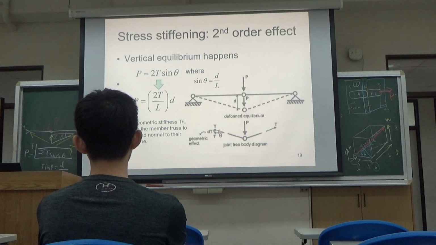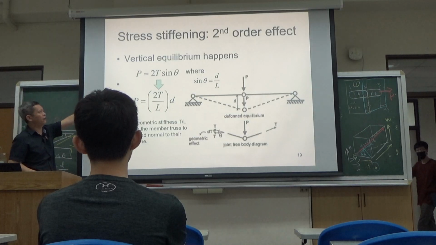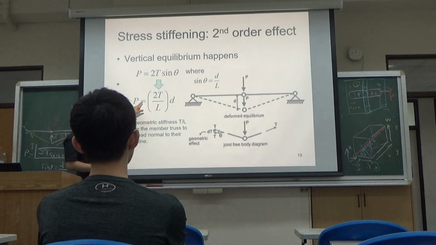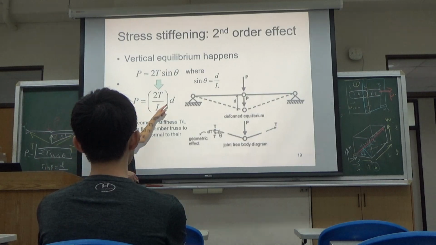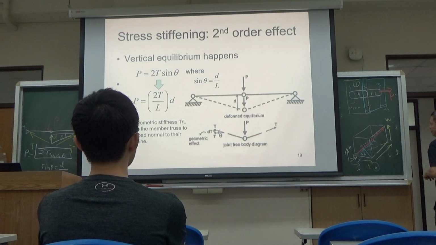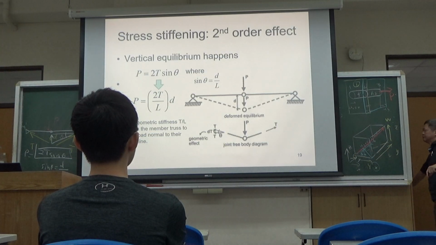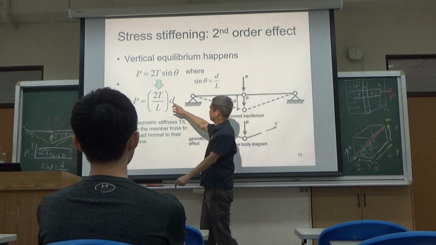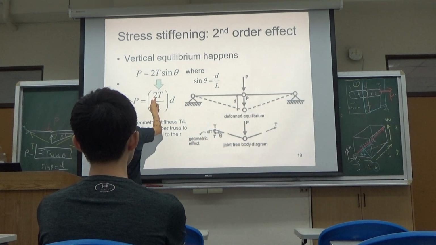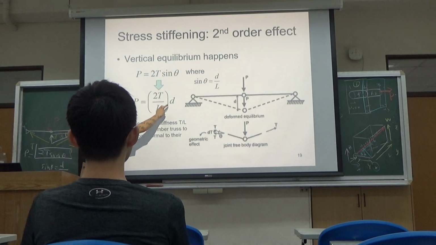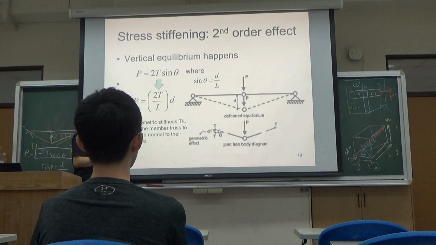Okay, so is that right? So it is possible to solve for the equivalent statement. You can see that the vertical force is resisted by the tension. How much is that? Yep, so this is the relationship. The applied force is 2 times the tension over L, times V, where V is the vertical displacement.